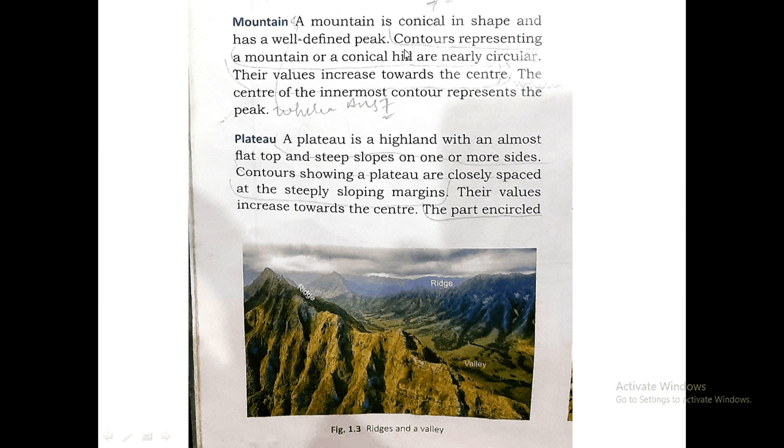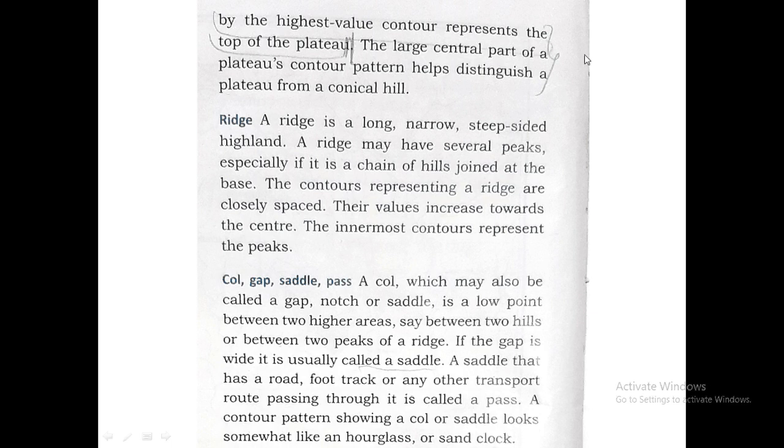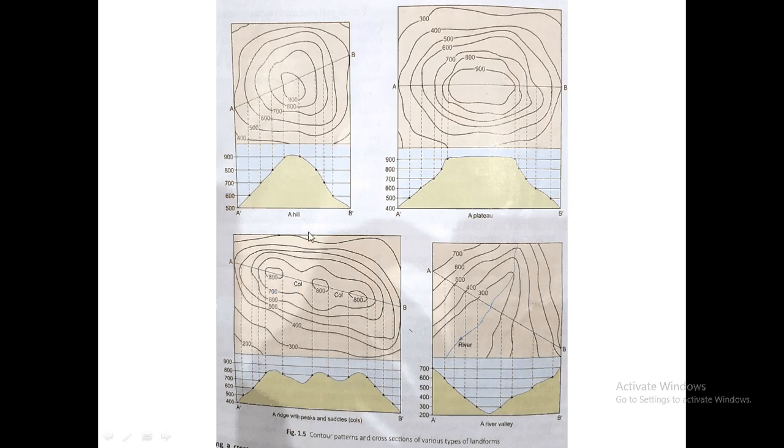Okay, contours representing a mountain or a conical hill are nearly circular. तो जो कॉन्टूर किसी माउंटेन को शो कर रहे हैं वो ज्यादातर सर्कुलर फॉर्म में होते हैं. Okay, circle, you know, their values increase towards the center. Okay, if I can show it to you, this is a contour for a hill.